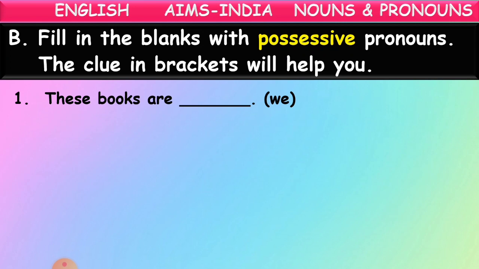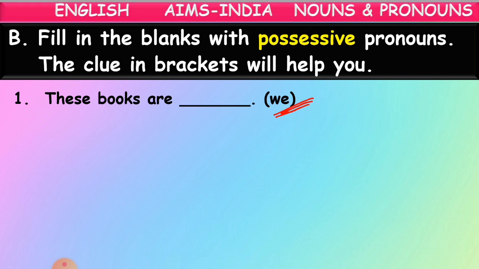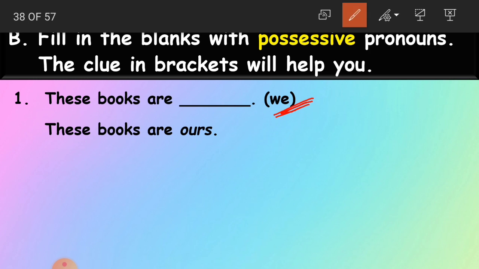What is our pronoun? The pronoun is we, a personal pronoun, and it has to change to a possessive pronoun. Then how will we write it? These books are ours. Clear, children? So here ours is our possessive pronoun. This is the example for you.